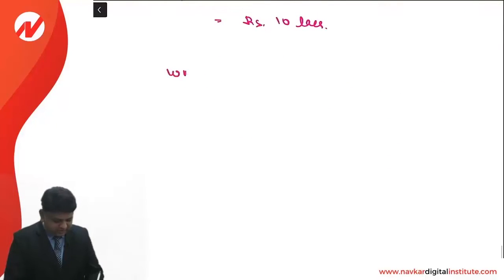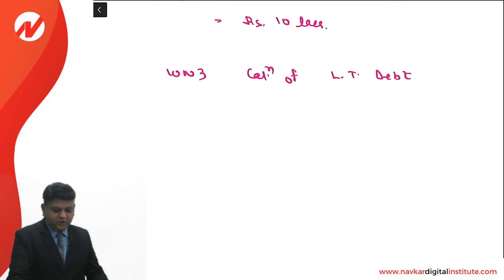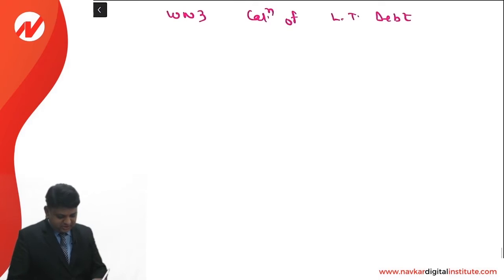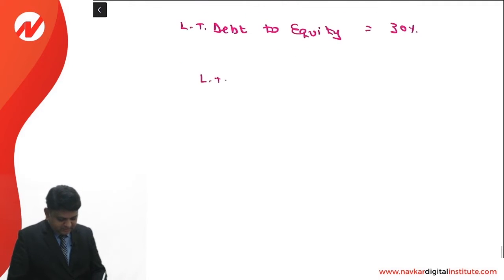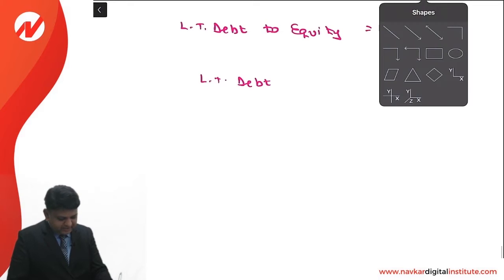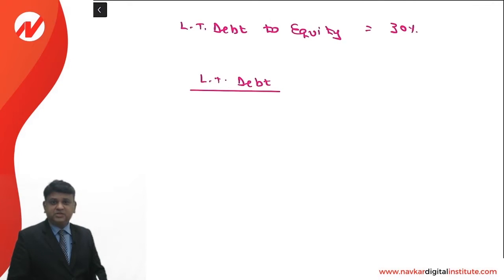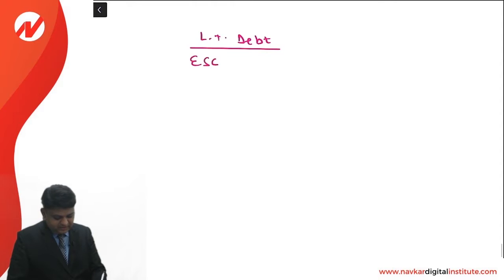So working note number 3. Calculation of long-term debt. Long-term debt will be calculated using the information that long-term debt to equity ratio is 30%. So it is long-term debt divided by equity. Dear students, the term equity stands for equity share capital plus reserves and surplus.